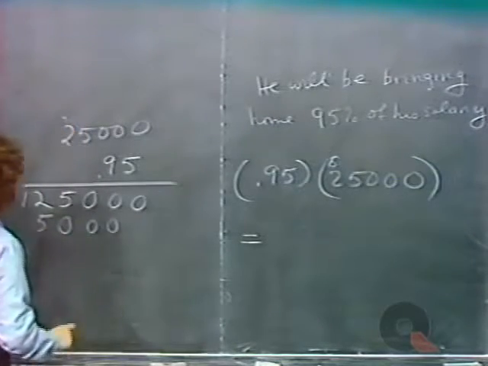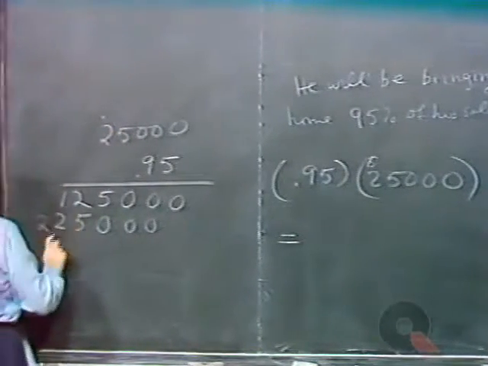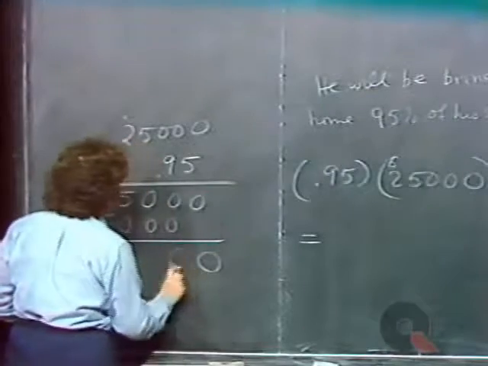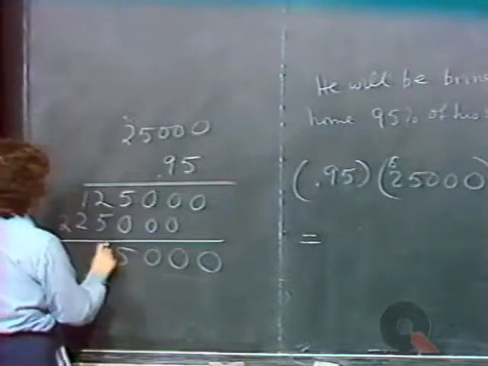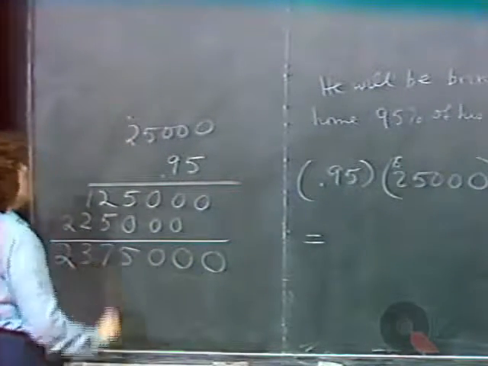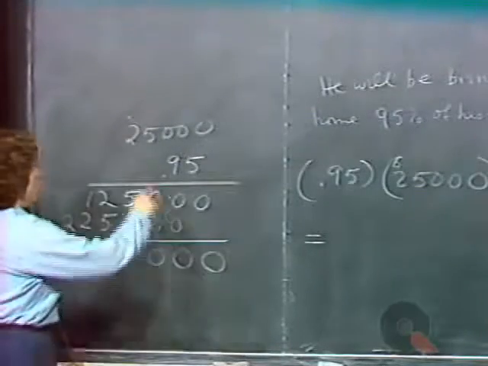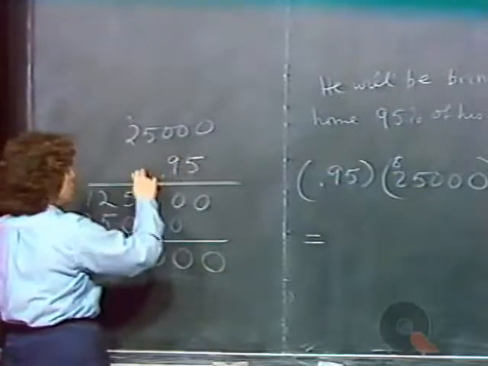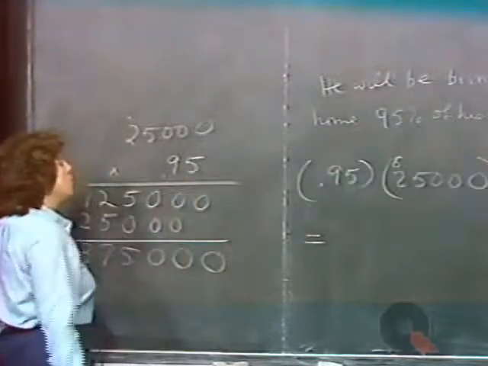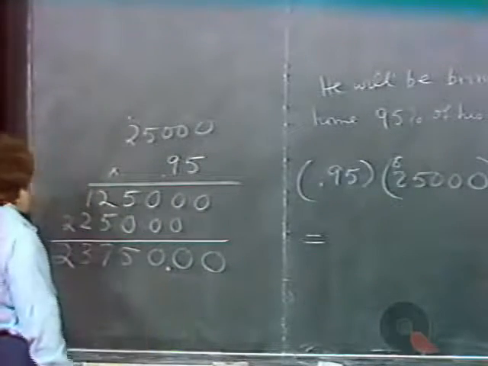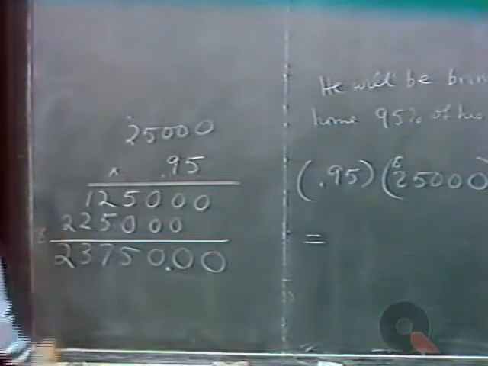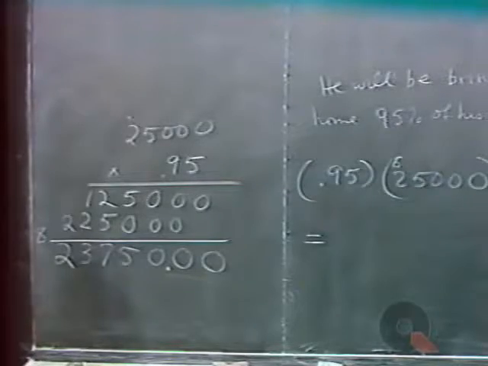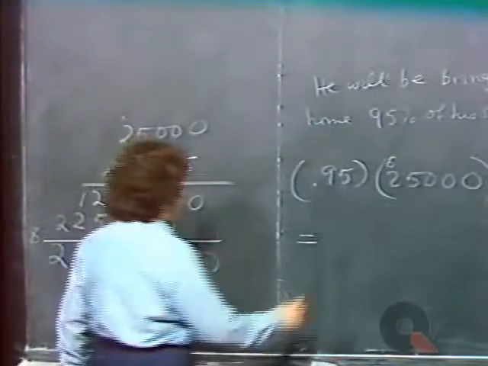Carry the 4, 2 times 9, 18, and 4, 22. 0, 0, 0, 5, 7, 3, 2. Position the decimal point. No decimal digits, plus now 2 decimal digits, so a total of 2 decimal digits. So the answer is he will be bringing home $23,750.